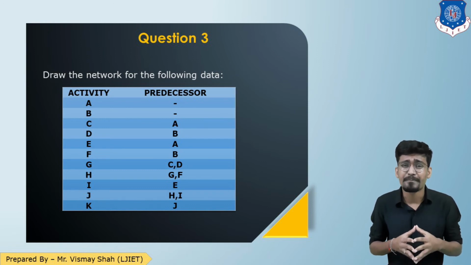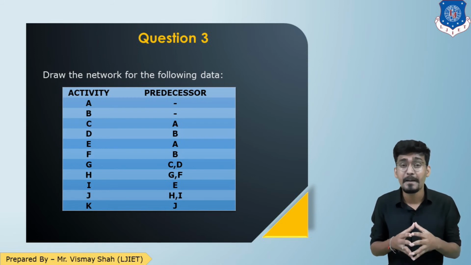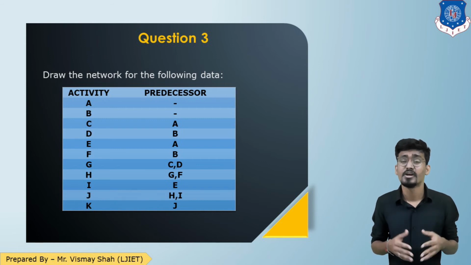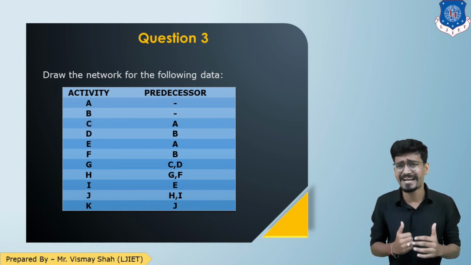For activity C, the predecessor is A. For D, the predecessor is B. For E, it is A. For F, it is B. For activity G, the predecessors are C and D. For H, the predecessors are G and F. For I, the predecessor is E. For J, the predecessors are H and I. And for the last activity K, the predecessor is J. So this is the entire table given to us, and by using this data we need to draw the network diagram.